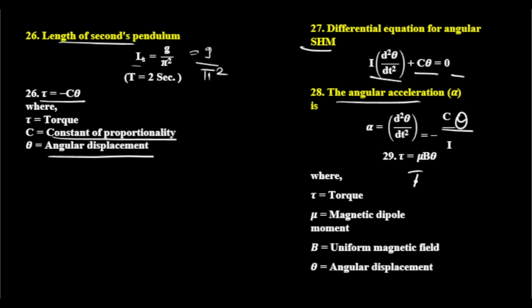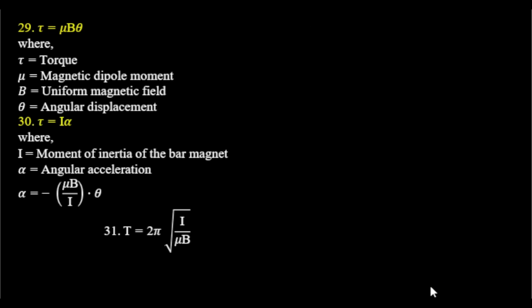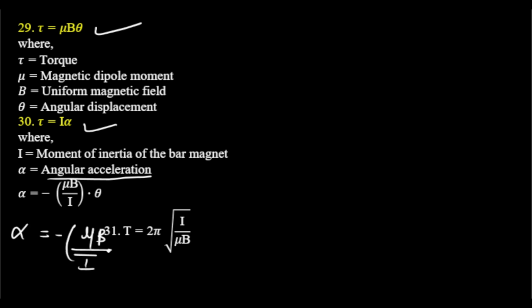Also tau is equal to mu B sin theta, where tau is torque, mu is magnetic dipole moment, B is uniform magnetic field, theta is angular displacement. This we studied further on the slide. Tau is equal to I alpha, I is the moment of inertia of the magnet, alpha is angular acceleration, so alpha is equal to minus mu B theta by I, or T is equal to 2 pi root of I by mu B.